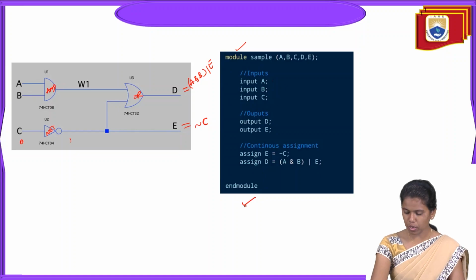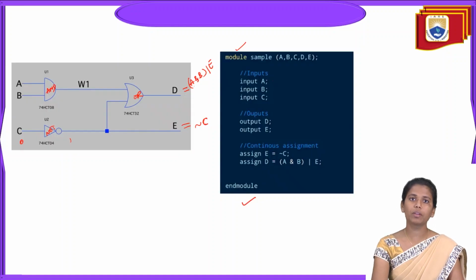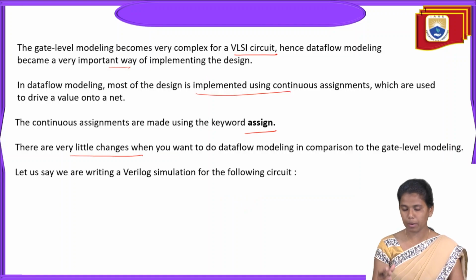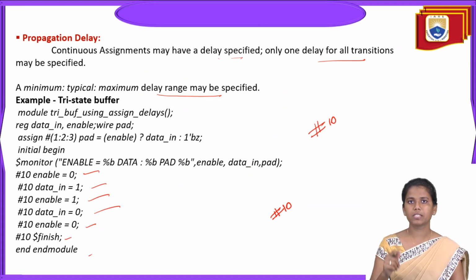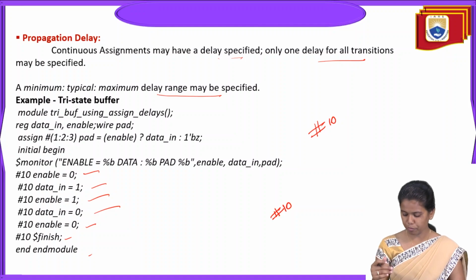Okay, so this is a small example which shows how we can compare gate level modeling and data flow modeling. I hope you all understand today's topic, the basic examples based on continuous assignment statements in terms of data flow modeling.